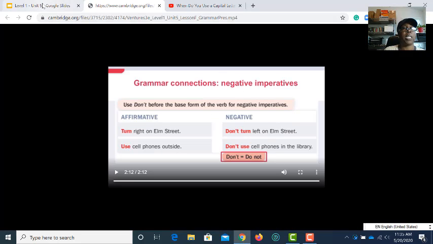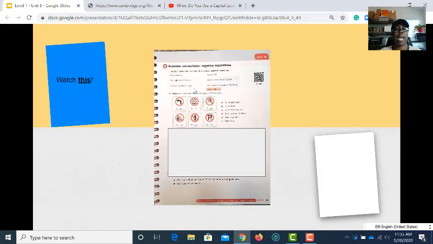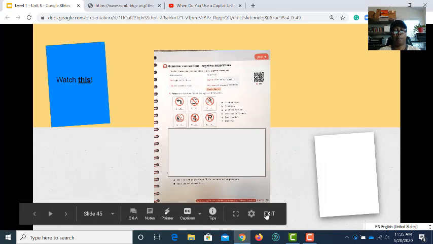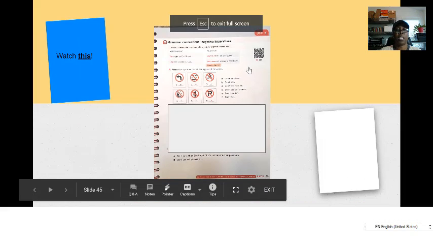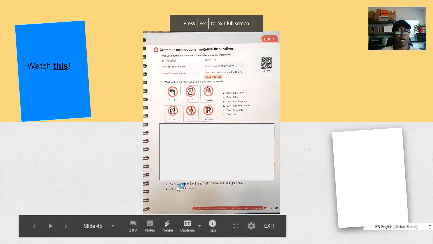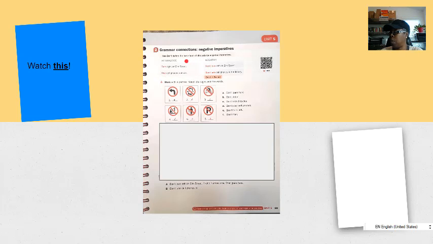Okay, so that was a really good video, I thought, and it actually covers this section up here. So let's go over this a little bit. We use don't before the base form of the verb for negative imperatives. The base form of the verb in this case is turn.